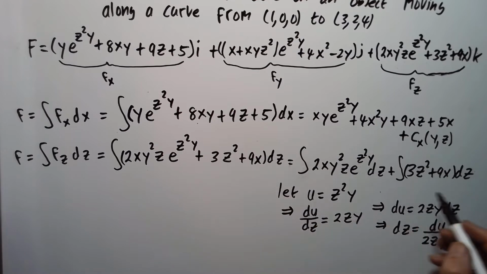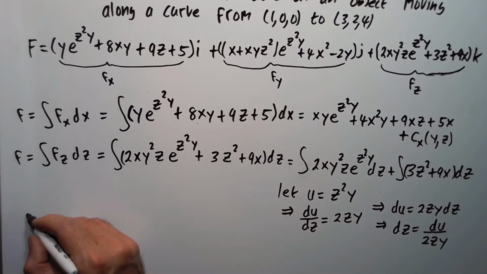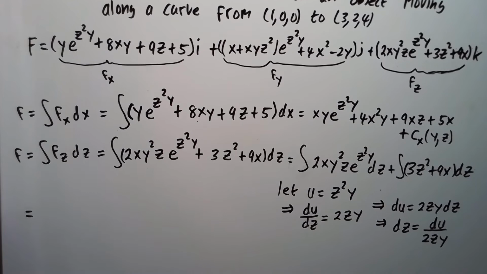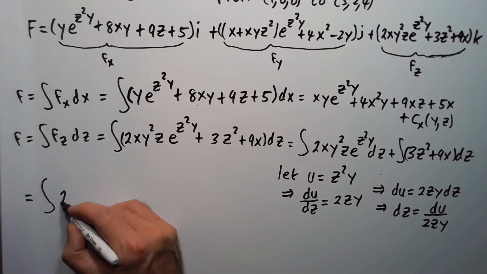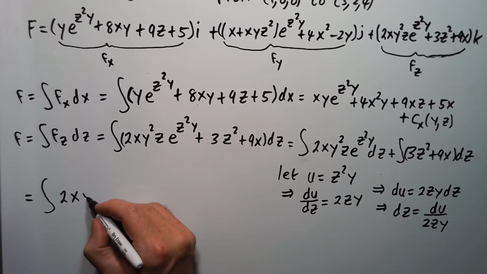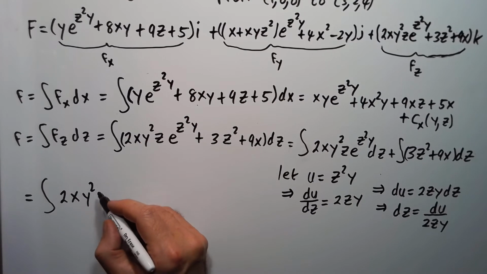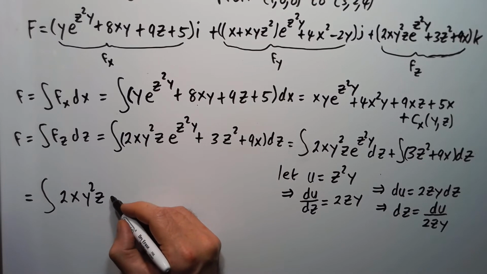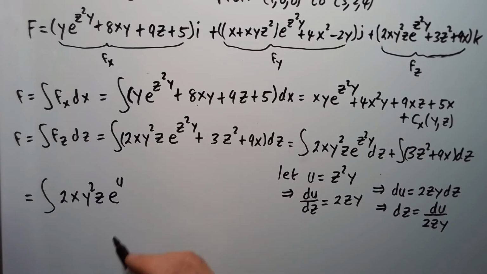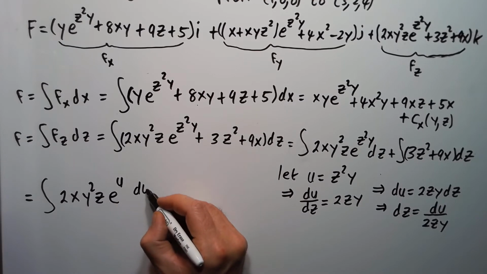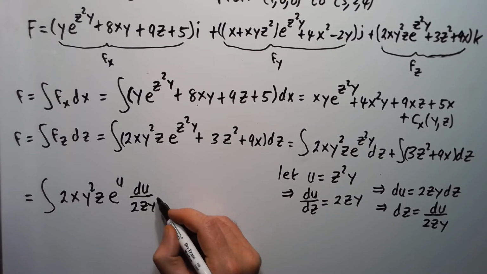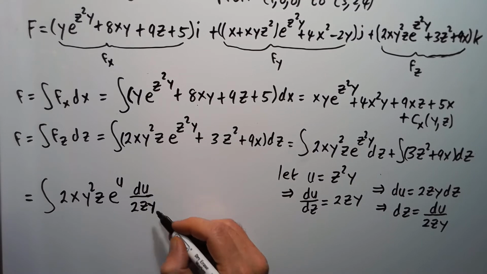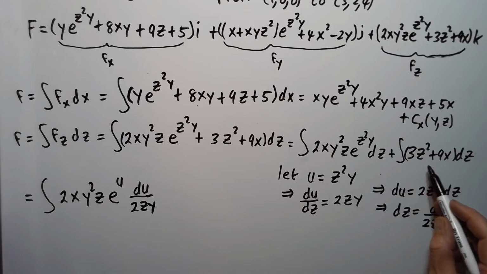Bringing it over here, this whole thing will equal 2x y squared z e to the u times dz, which is du over 2zy. And then we have the integral of this other piece beside it.